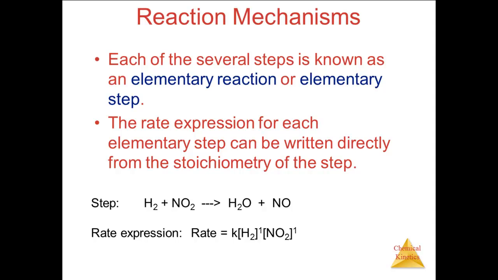I want to emphasize that it does not mean that the observed rate expression is that expression. The overall rate expression must still be determined by experiment. However, this is critically important in identifying whether a particular mechanism can explain the observed or experimental rate expression.